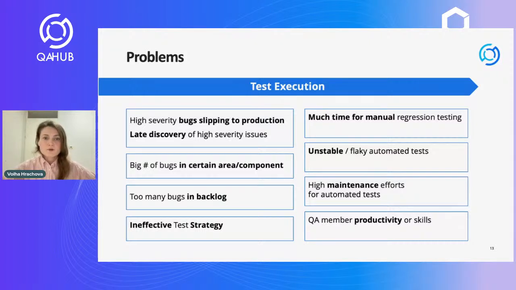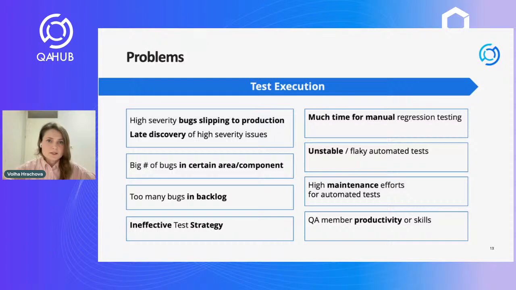Two more problems are mostly connected to automation testing, and those are unstable tests which fail for no particular reason. I mean, there are no actual bugs, but we cannot rely on those tests because they fail or pass randomly. It can be because the locators for the UI automation, for example, are broken, or the scripts themselves are not really good.